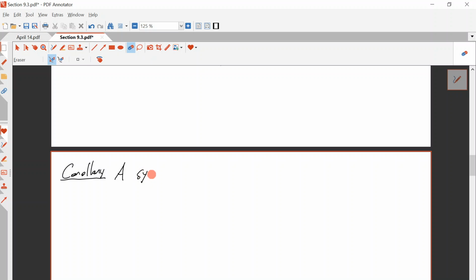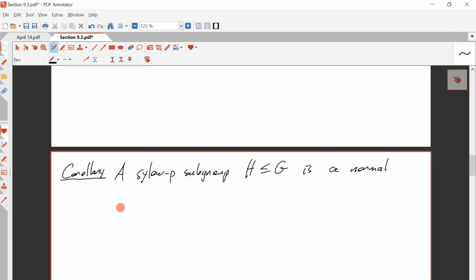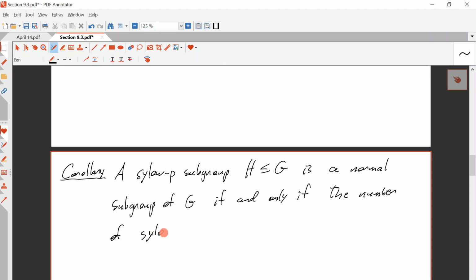A Sylow p-subgroup H of G is a normal subgroup of G if and only if the number of Sylow p-subgroups of G is 1.